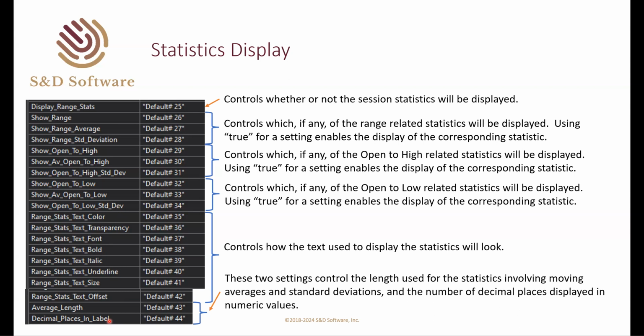So you could say use 4 decimal places, and then all of the numbers that get output will have 4 decimal places. So you've got quite a bit of control over how the stats are displayed and which stats are displayed and what it's going to look like.